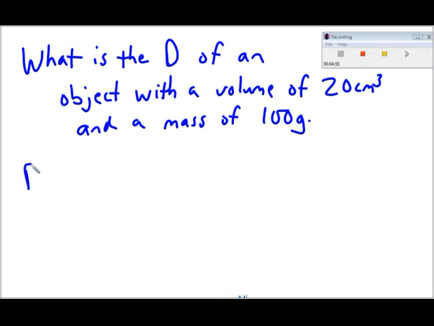Remember our formula, density is equal to mass over volume. So density is equal to how much mass there is, 100 grams, divided by how much space it takes up, 20 cubic centimeters.